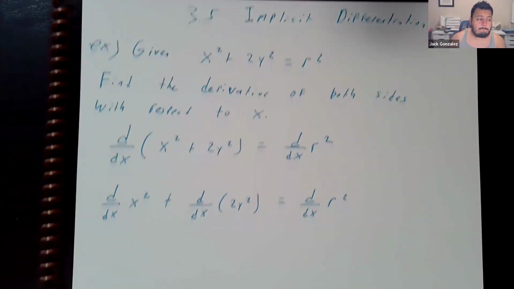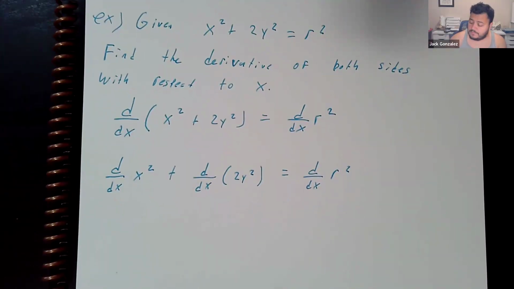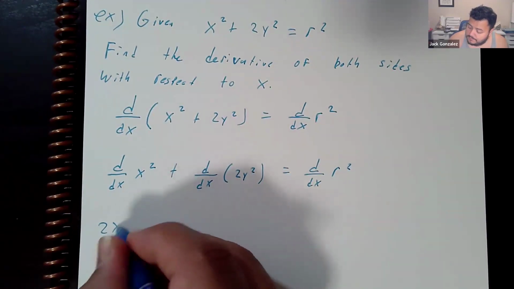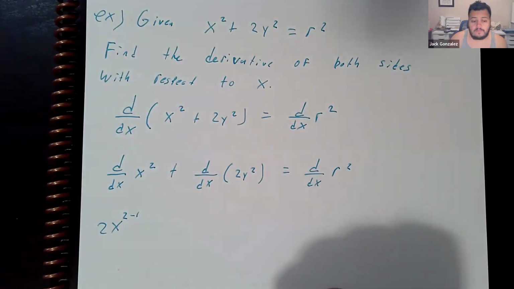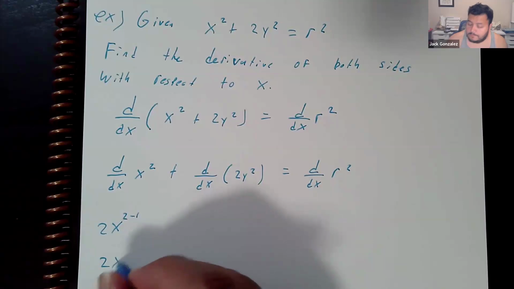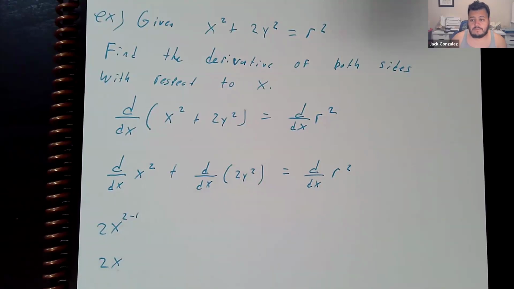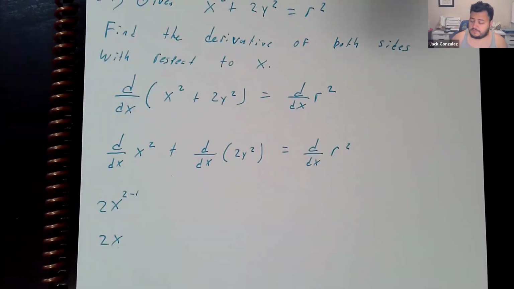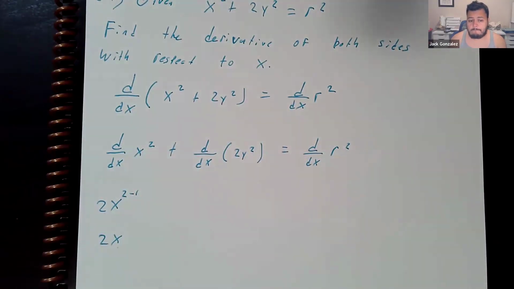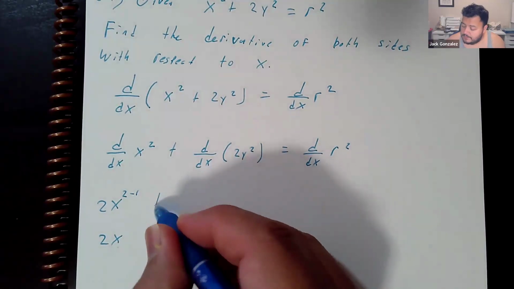Okay. So same stuff. Do your power rule, bring down your 2, subtract 1, right? This would become 2x. See how nothing has changed, right? With that first term. Do the same thing here.